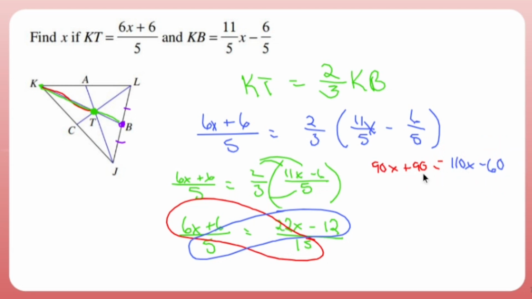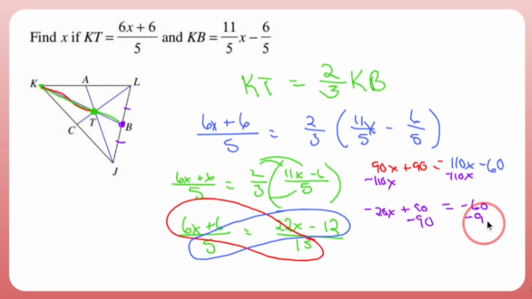Now I have variables on both sides of the equal sign, so let's subtract 110x from both. That gets me negative 20x plus 90 equals negative 60. Let's subtract 90.